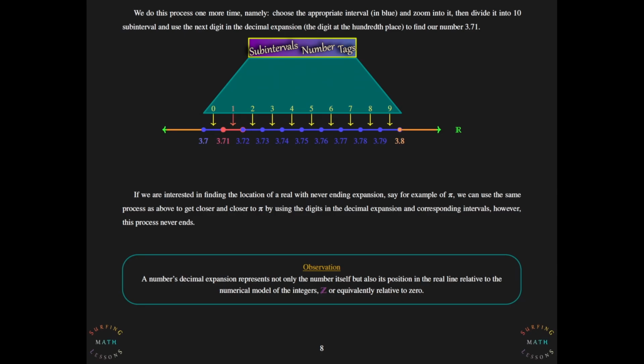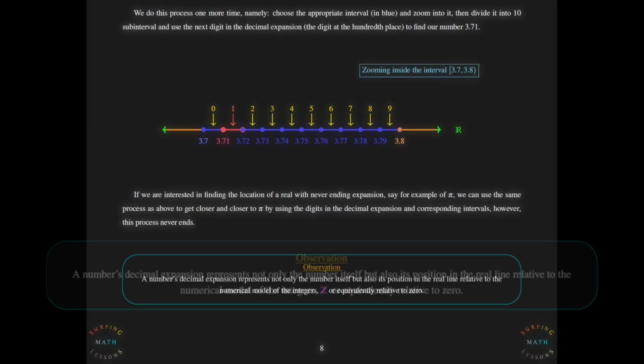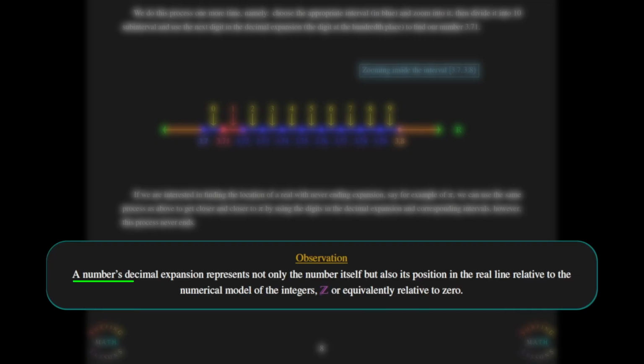Then, find the element's location using the second decimal place's digit. Thus, 3.71 lies as the left endpoint in the interval 3.71-3.72. With this, we have seen a real number's decimal expansion does not only represent a numerical value that allows us to do computations, but also represents the number's location in the real line relative to the copy of the integers.